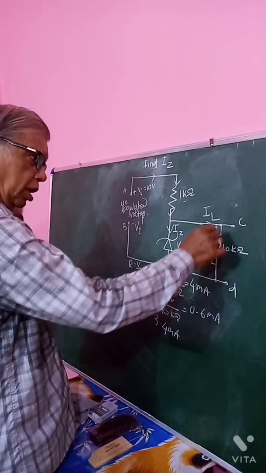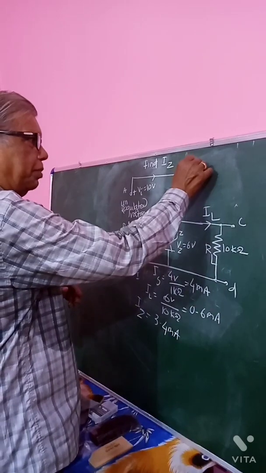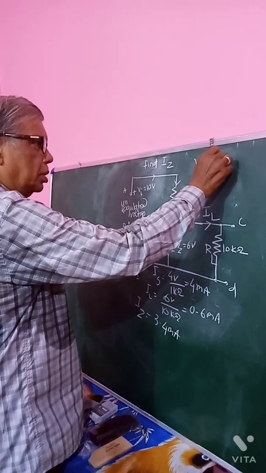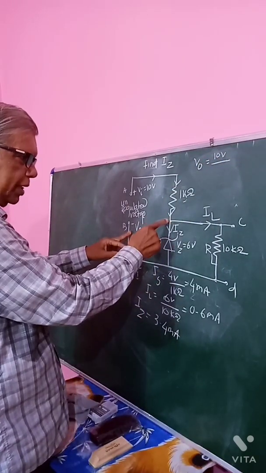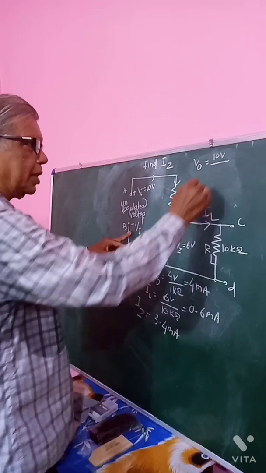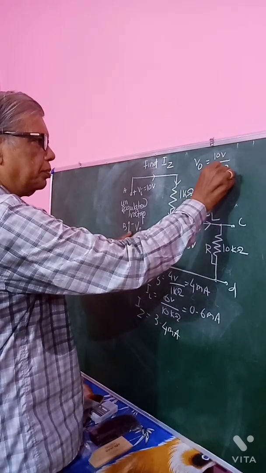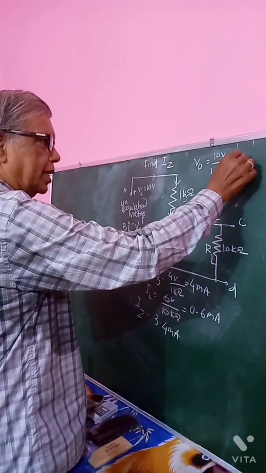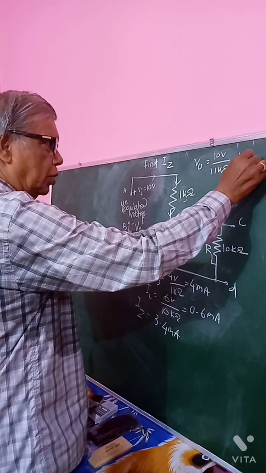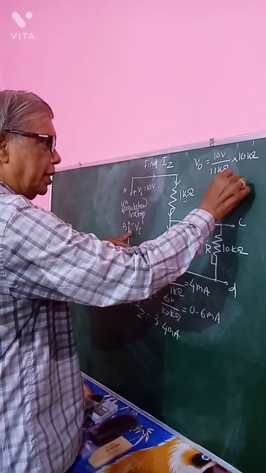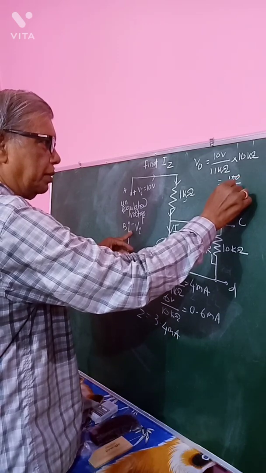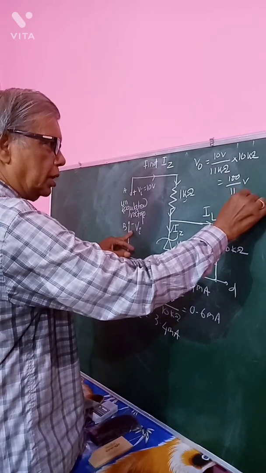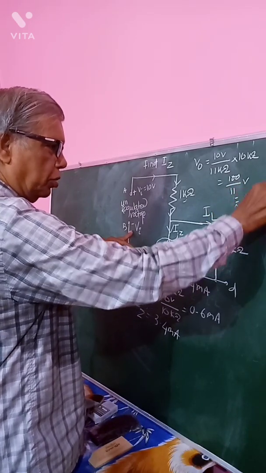Now the potential across RL, say VO, with 10 volt and total resistance 1 kilo ohm plus 10 kilo ohm, 11 kilo ohm, the potential across RL is 100 by 11, the kilo ohm cancels, that is 9.09 volt, which is definite.